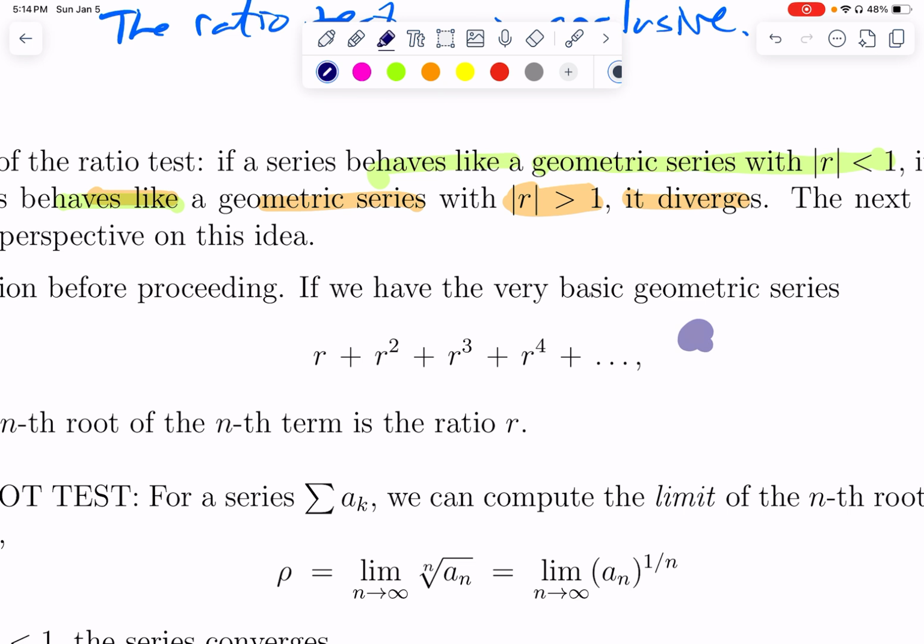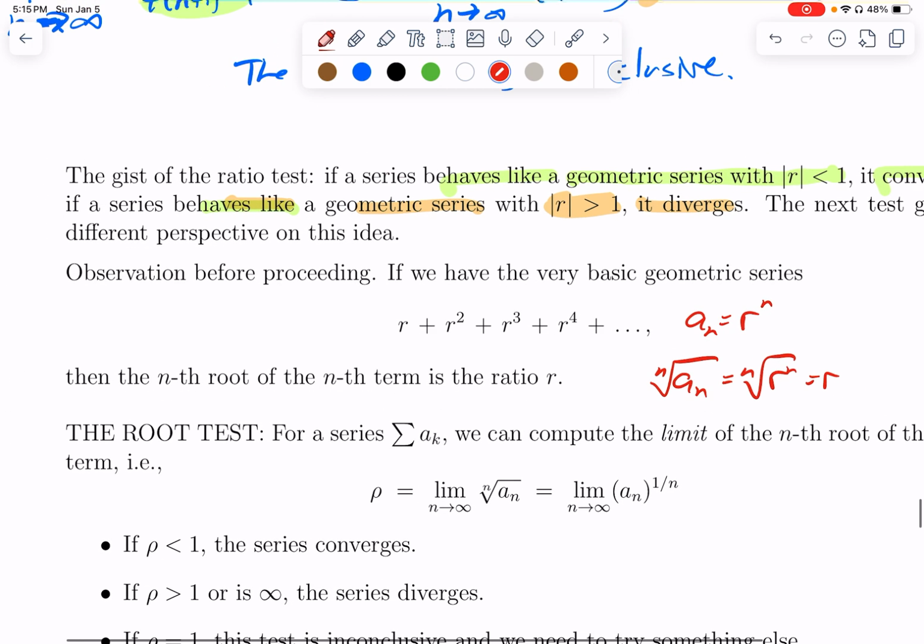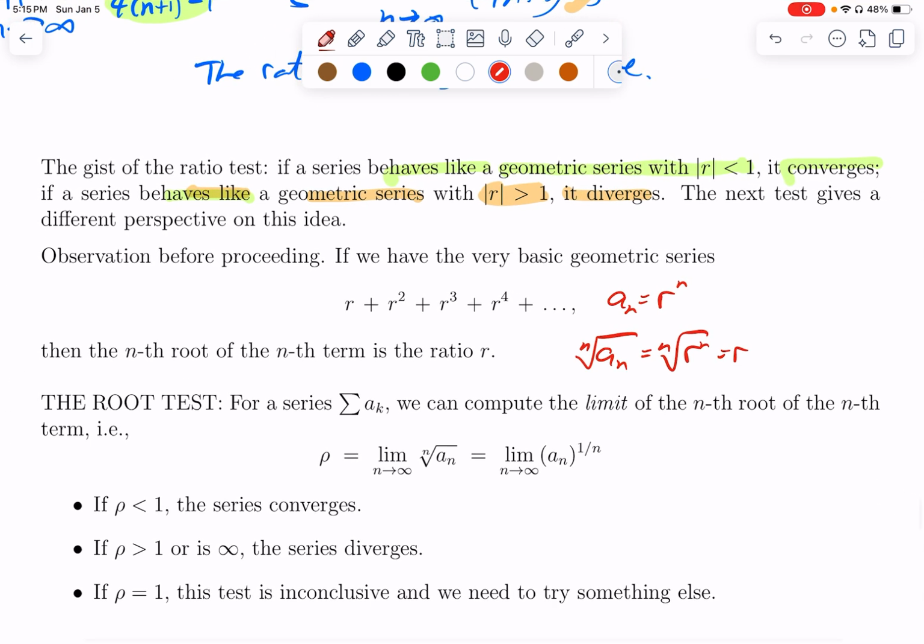In this case, the nth term is r to the n, so the nth root of the nth term is simply the ratio. The root test says this is another way of thinking about the ratio. And I'm hiding some details here, but it's basically the same thing. One way of thinking about that ratio r is thinking of it as the nth root of the nth term.